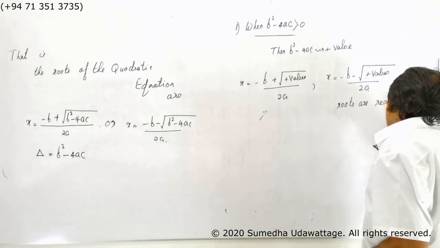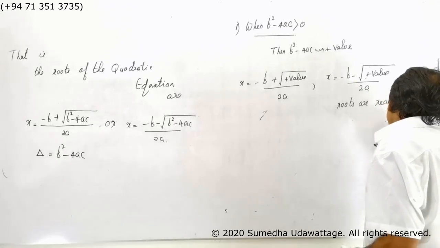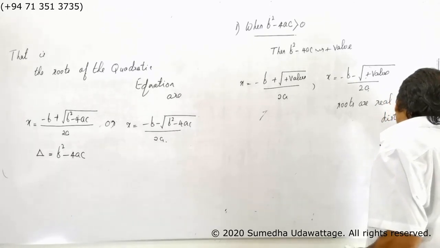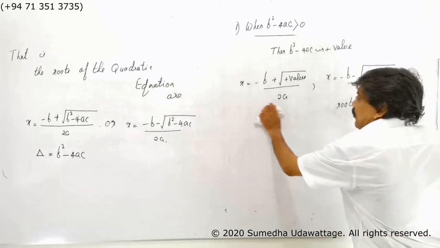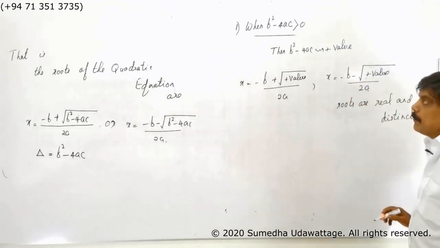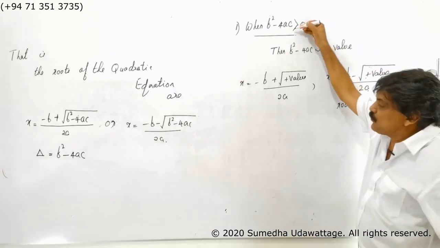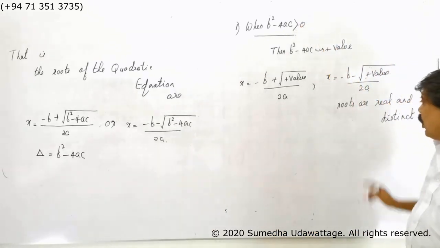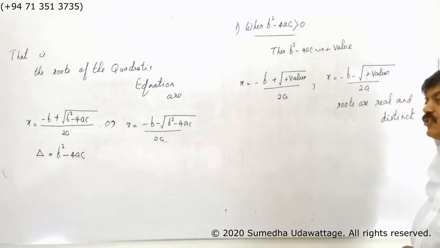We say the roots are real and distinct. Then, when b square minus 4ac is larger than 0, the roots are real and distinct.